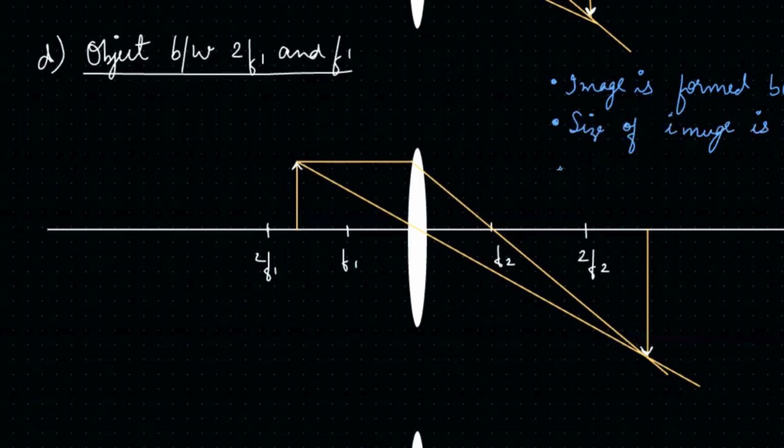And the third is the image formed is again real and inverted. This was the fourth ray diagram.